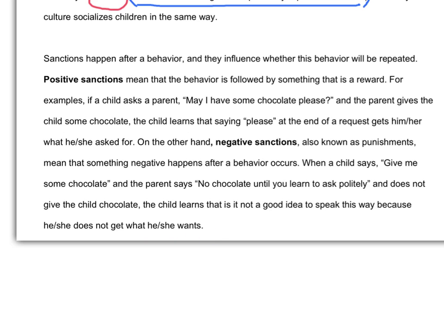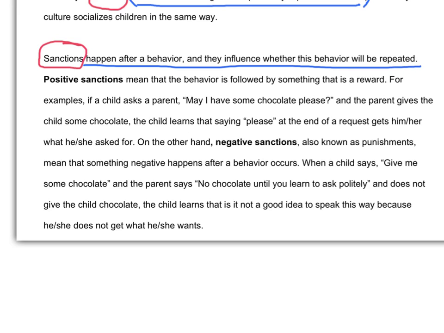So this is a very good example of a definition paragraph. The main idea is totally about sanctions, and it gives us the key term and a definition for it in the very first sentence.